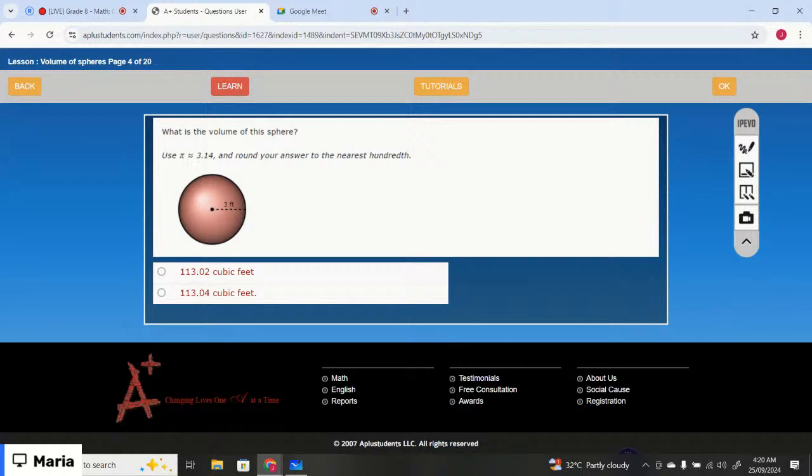Okay. What is the volume of the sphere? Which is the correct option? You have to use the formula, that is V equals 4 by 3 pi r cube. So which is the correct option?